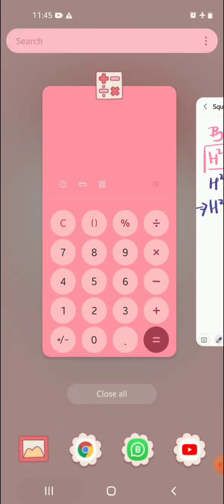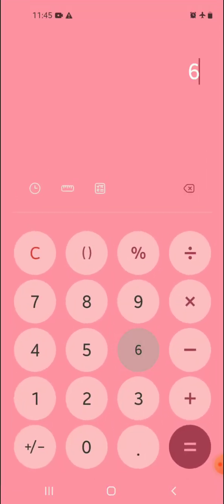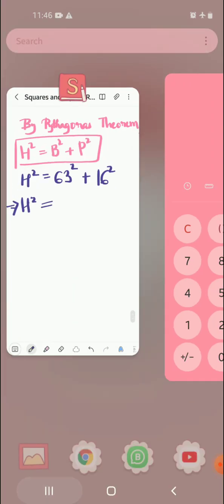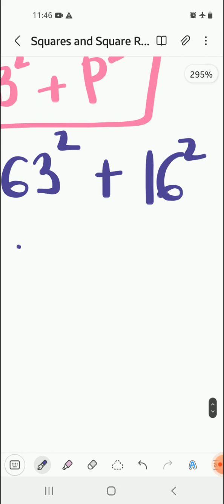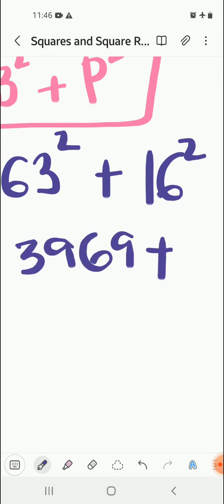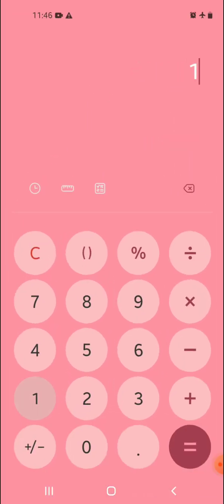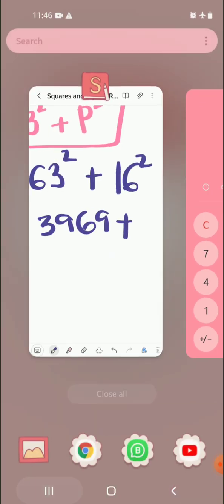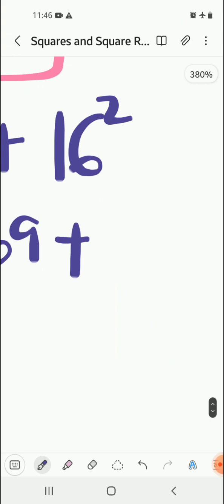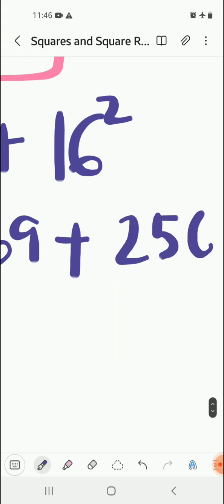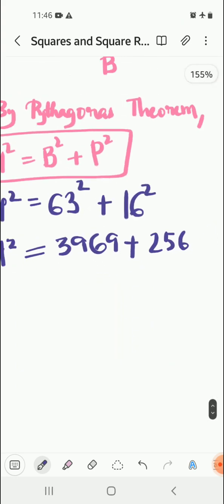63 square is 63 into 63, that is 3969. So this is 3969 plus 16 square is 256. So 256. We've written it.